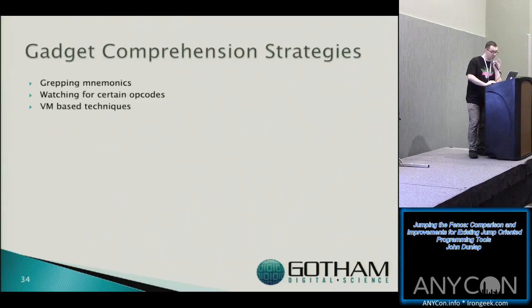And then we have the most hopeful technique, which is running everything in a light VM, which is what we did in our tool. Basically, not a full virtual machine, but something that just virtualizes the registers and the flag register, maybe the stack, and figures out what the side effects of the gadget are. And that's a lot better.